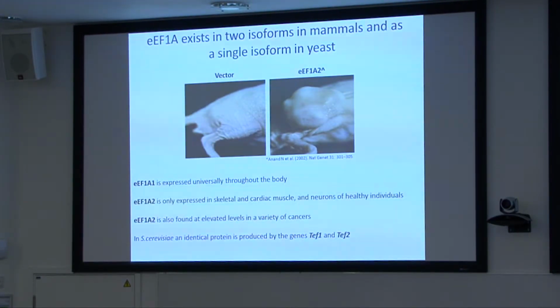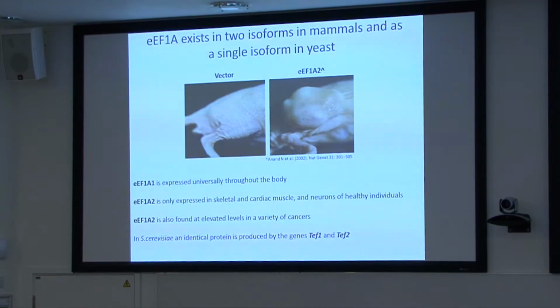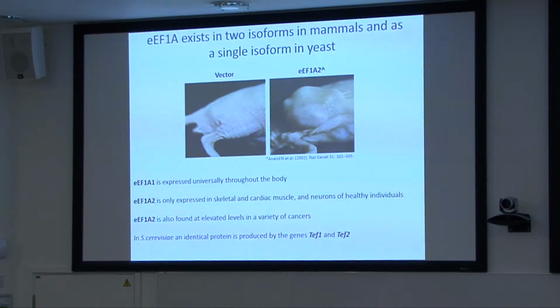So, as I said, we're using two systems. We're using yeast and we're using mammalians, the human system. To complicate our story, EF1A exists in two isoforms in mammalians. So we have EF1A1, which is universally expressed throughout the body, and we have EF1A2, which shares 92% identity with 1A1, and it's only expressed in skeletal and cardiac muscle and in neurons of healthy individuals.